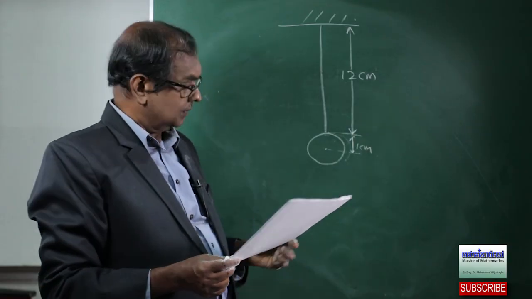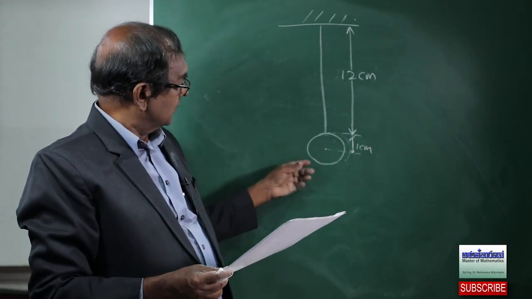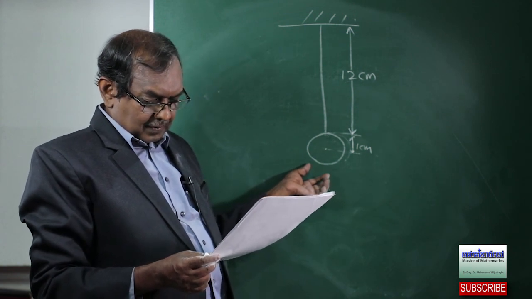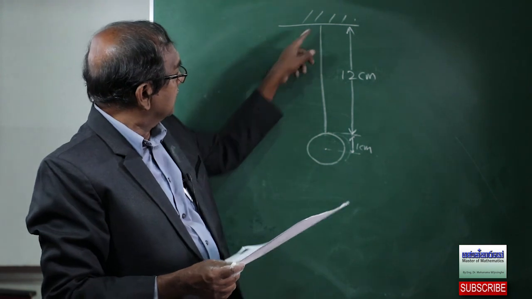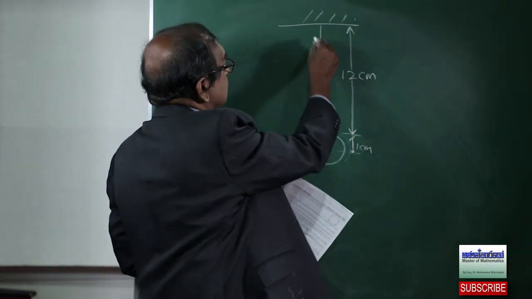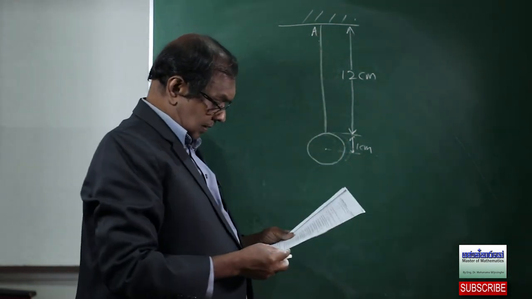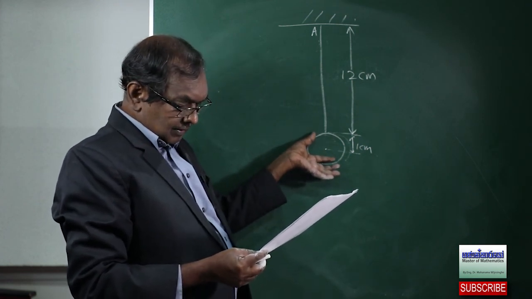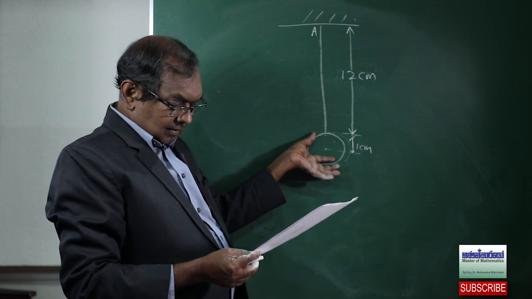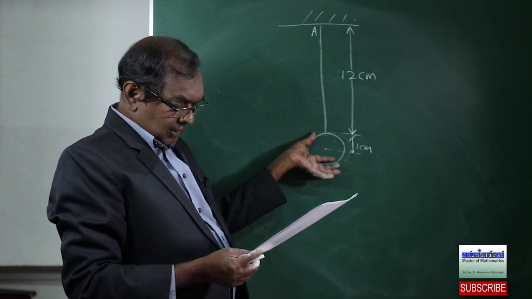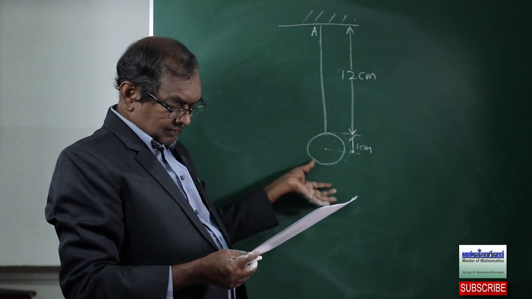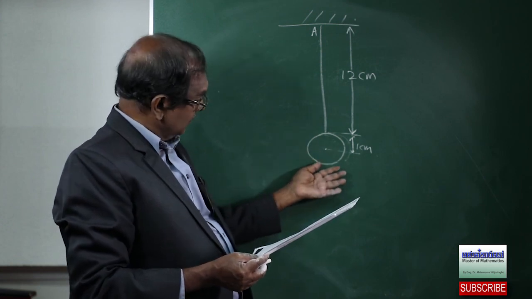That means, this is the diagram. This sphere is suspended from point A, this is point A, and the sphere is drawn to a side with the string taut and then released.